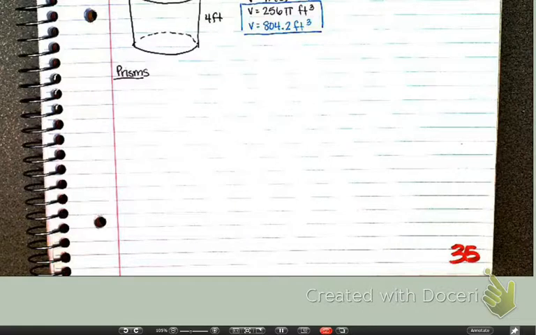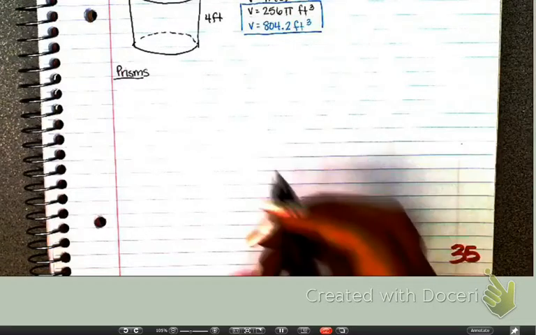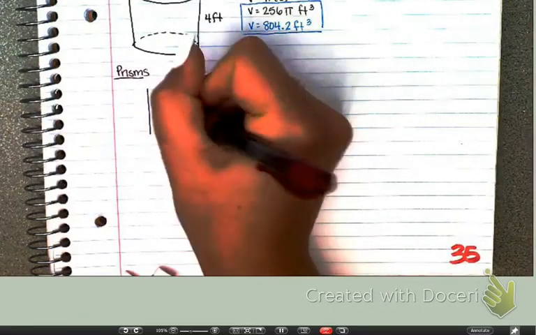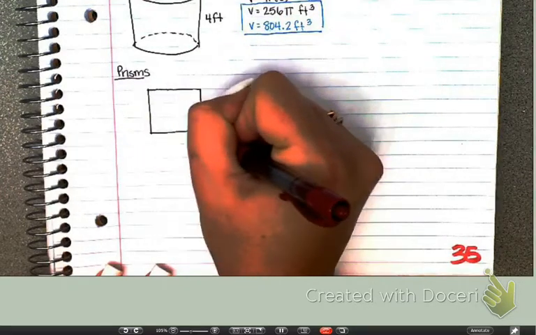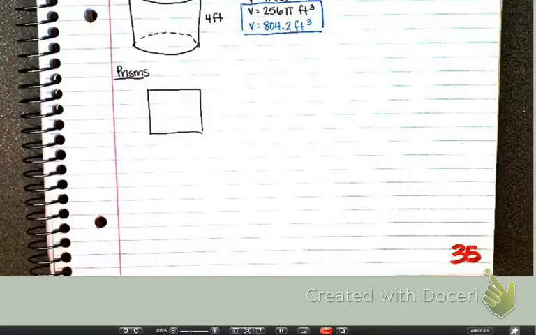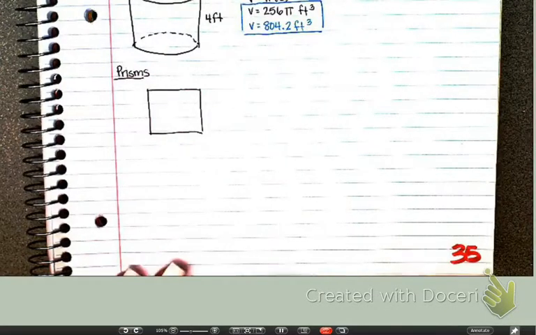But let's draw a box. Do you know how to draw a box? If you don't, look up here. I'm going to make this super easy. So draw a square. We're going to have a nice box on our paper.